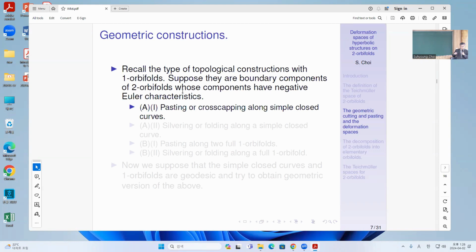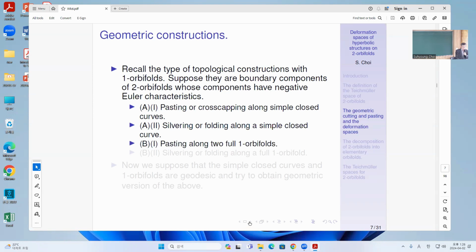Cross-capping is just gluing by the order two deck transformation, so you glue the points along the closed curve. And also silvering or folding along a simple closed curve. Silvering just means making it into mirror points, and folding means you use an order two deck transformation, which fixes two points, and then you glue these together. That was in another construction.